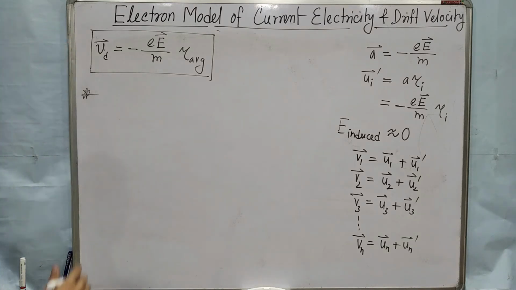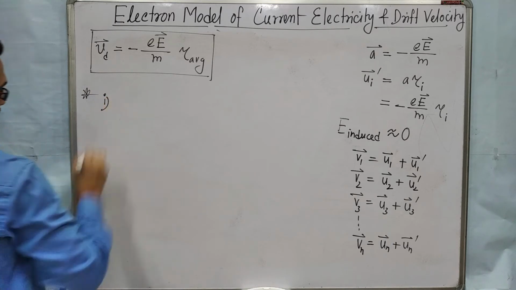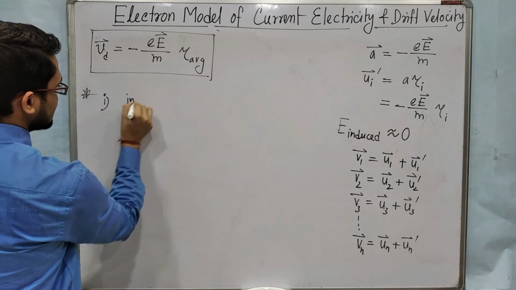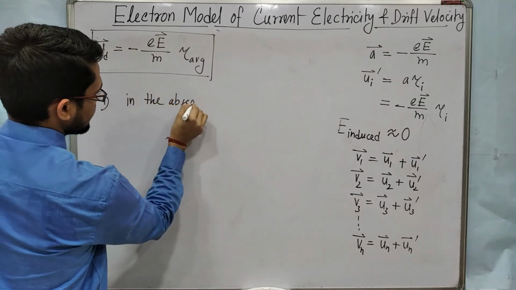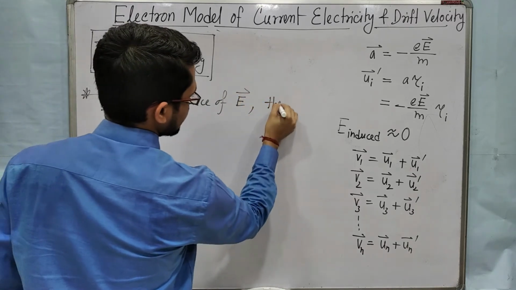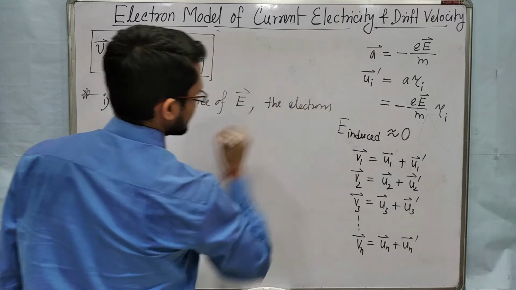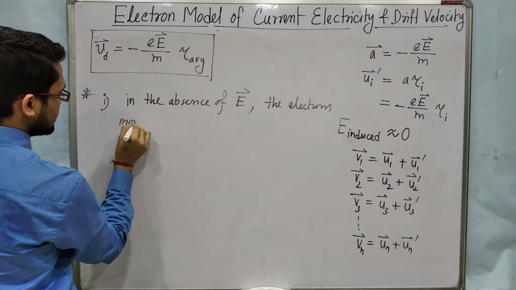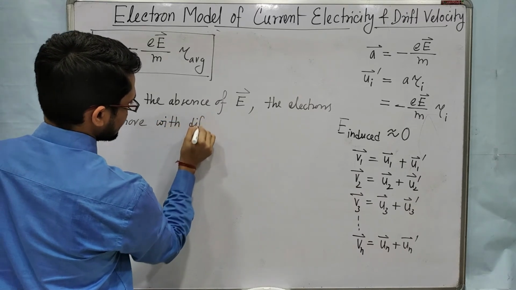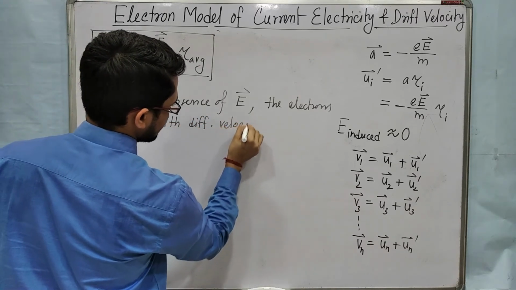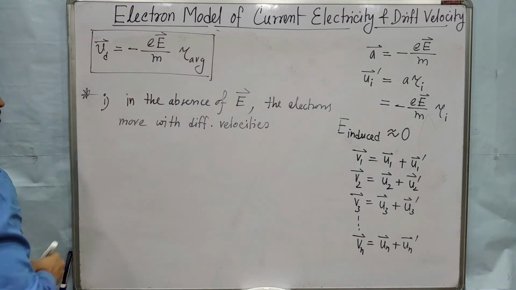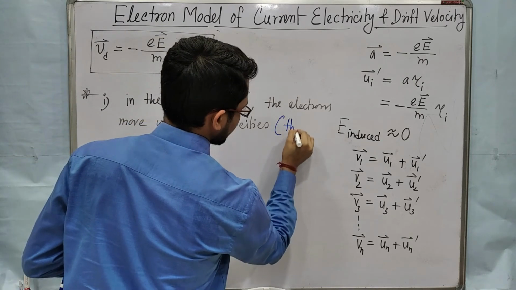So there are a few assumptions. The first assumption is that in the absence of an electric field, electrons move with different velocities, which is basically thermal velocity.